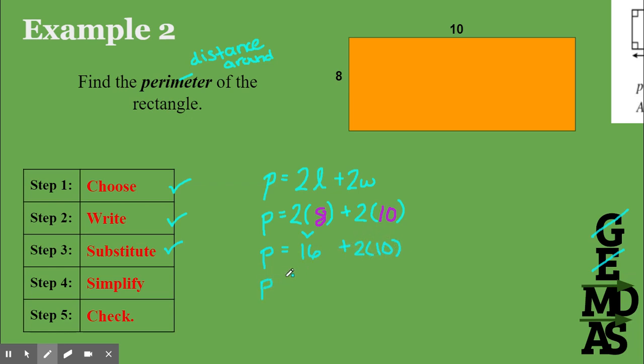So the 16 stays for now, and we're going to multiply 2 times 10, which is 20. No more multiplication or division. Now we're looking for addition and subtraction. So we have addition, so the perimeter equals 16 plus 20 is 36 units. Okay, simplify and check. Does that make sense? Yes, it does. All right, let's do the next one.